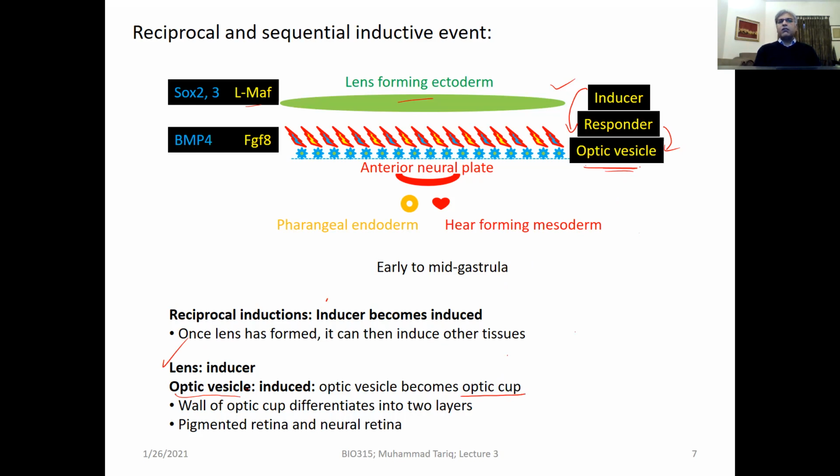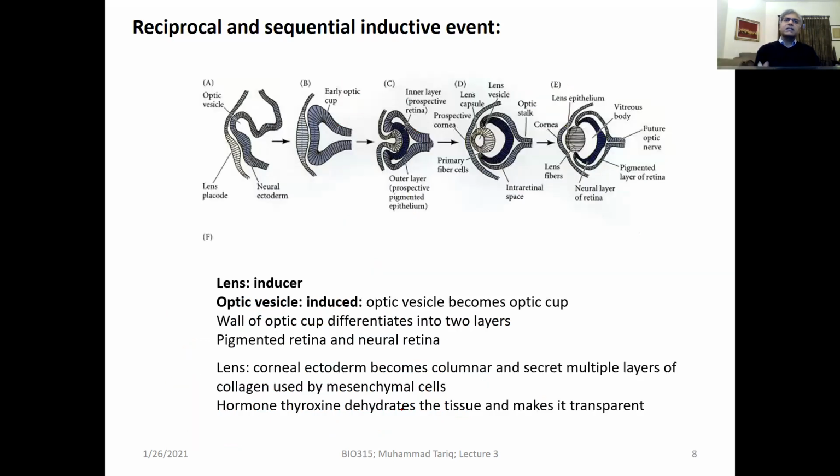And this wall of the optic cup then differentiates into two layers. One is pigmented retina and the other is neural retina, which will be clear in this picture, for example.